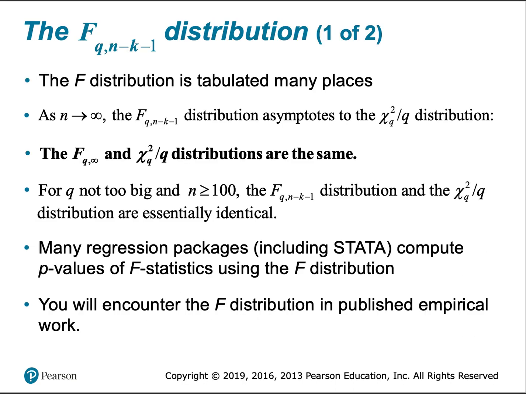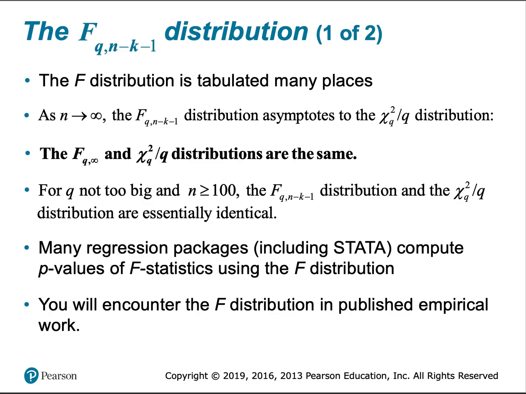You can find the F distribution tabulated in many places. For instance, try Google. You'll see that as n approaches infinity, as we have just discussed, the F distribution asymptotes to the chi-squared over q distribution. Hence, the F(q, infinity) and chi-squared over q distributions are the same.